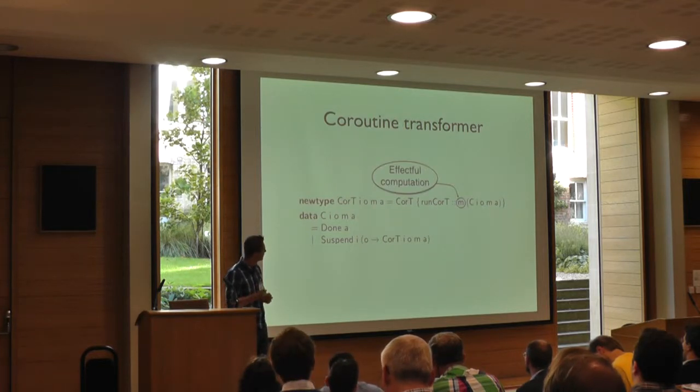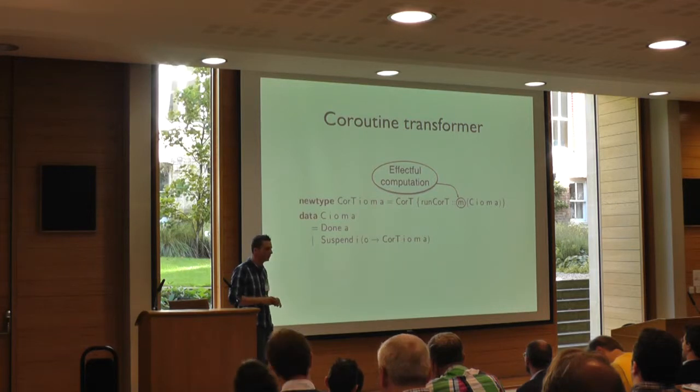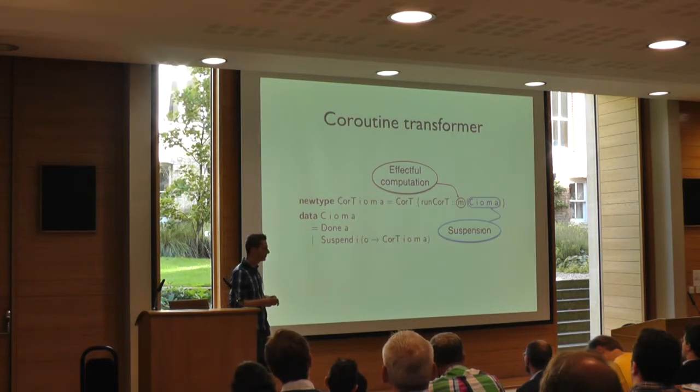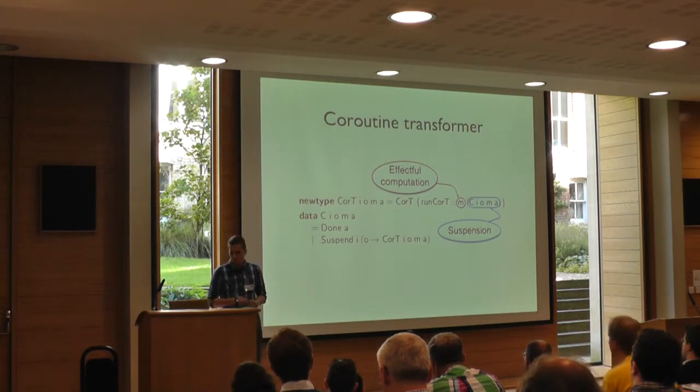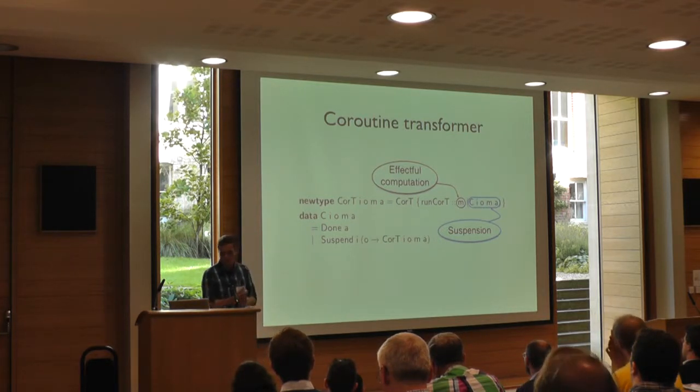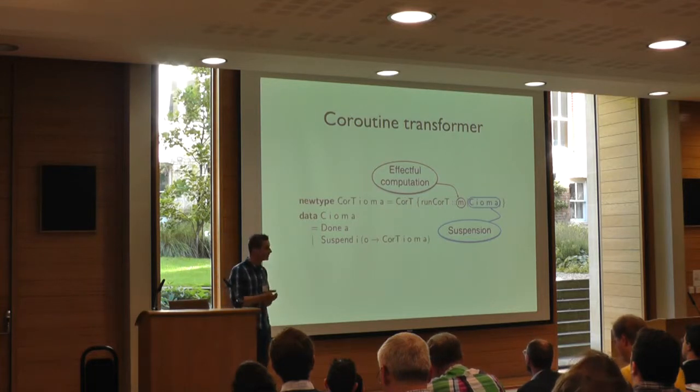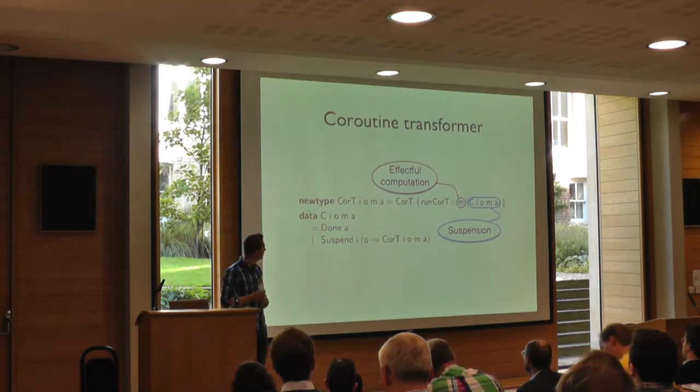We start our computation in the inner monad, so we perform a stateful computation until we get to a point where we are either finished or we perform an oracle call and we suspend at that point. And C is then basically the library you've seen before.